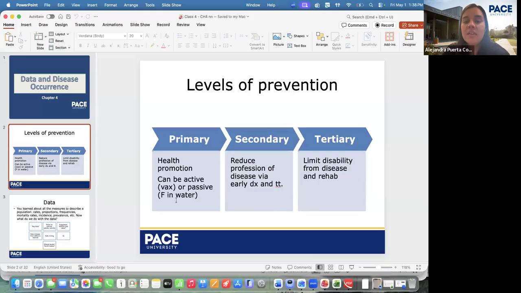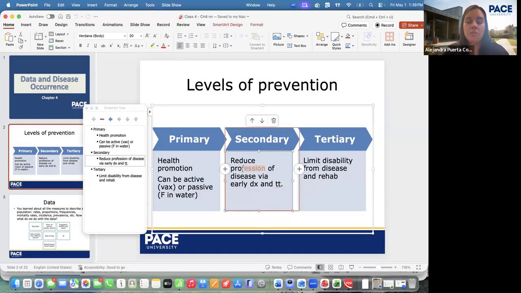So vaccines, fluoridating water, exercising, eating healthy, that's all primary prevention, right? In the secondary prevention, the disease has already happened, but we're trying to reduce the progression of the disease via an early diagnosis and treatment.